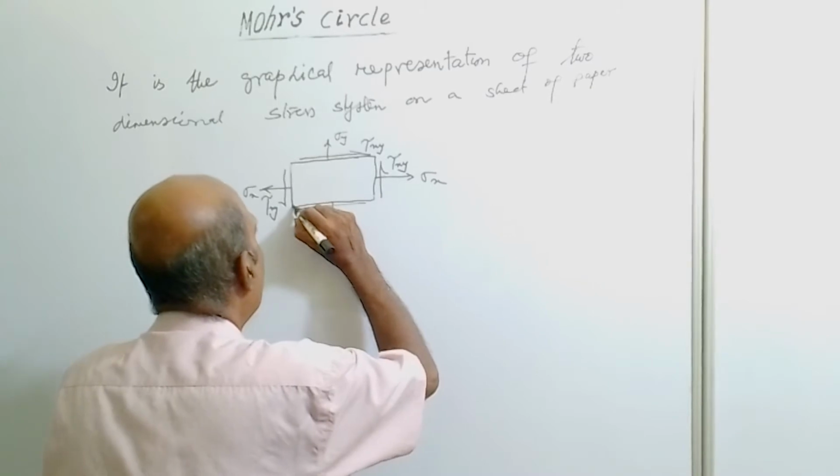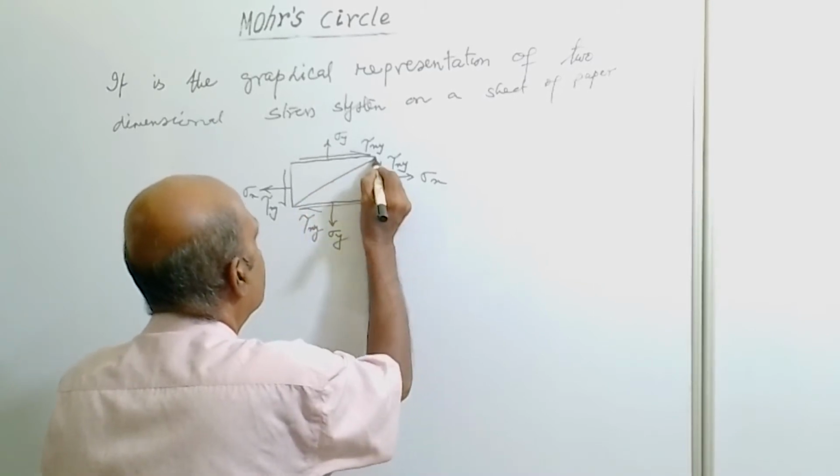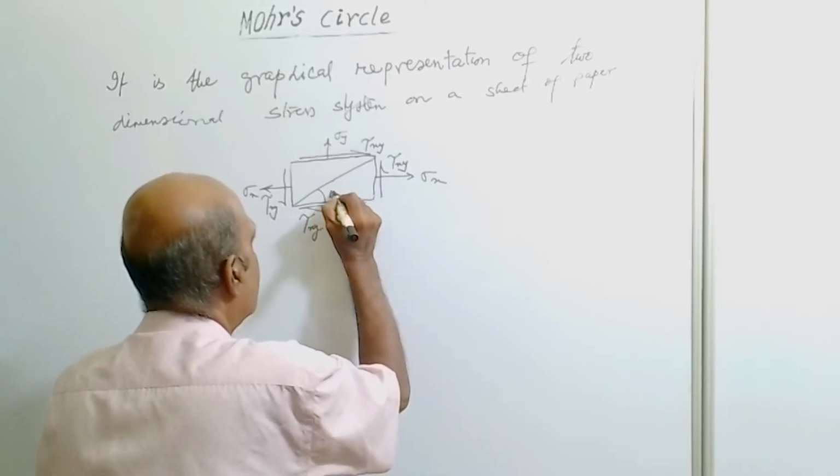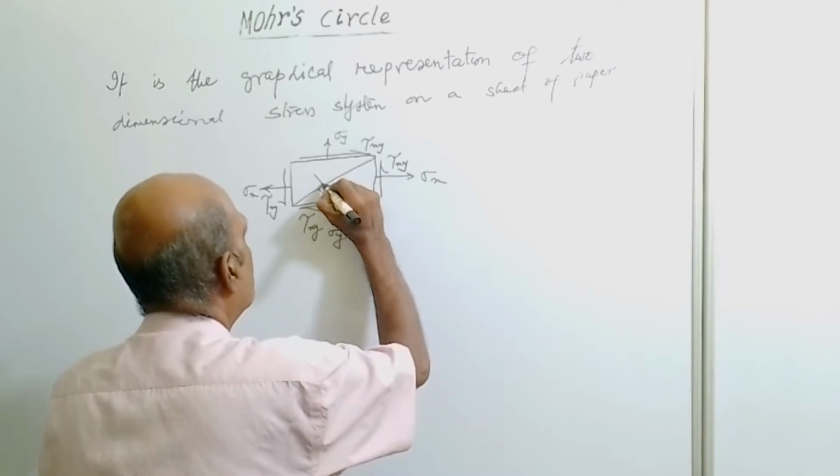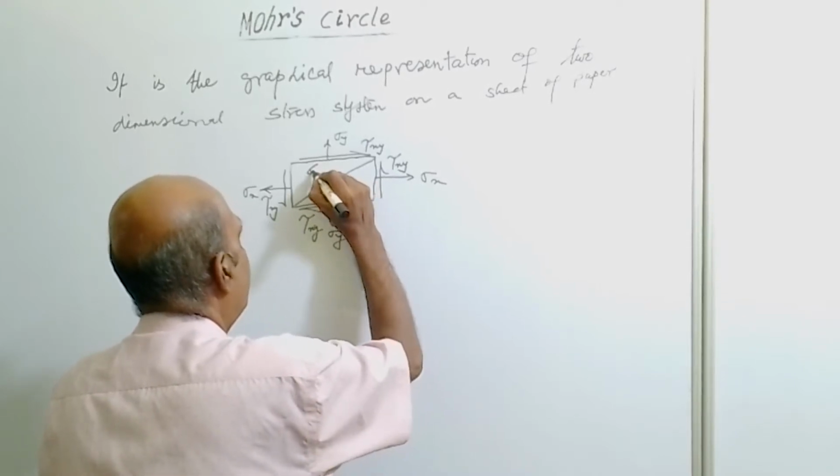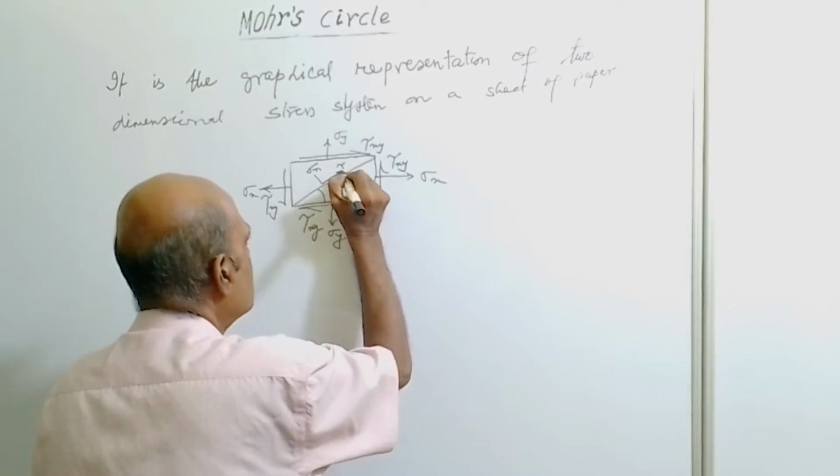So on this inclined plane, which is making an angle theta with positive x direction, there are two stresses developed, sigma n and tau.